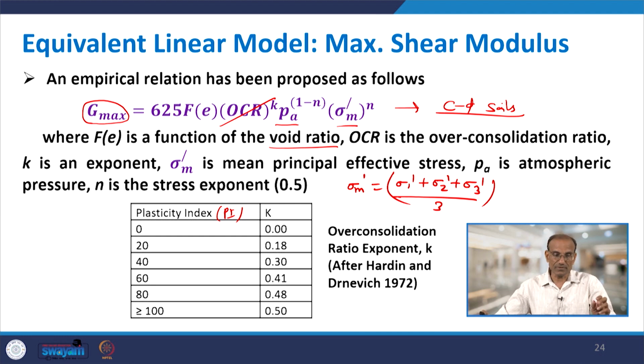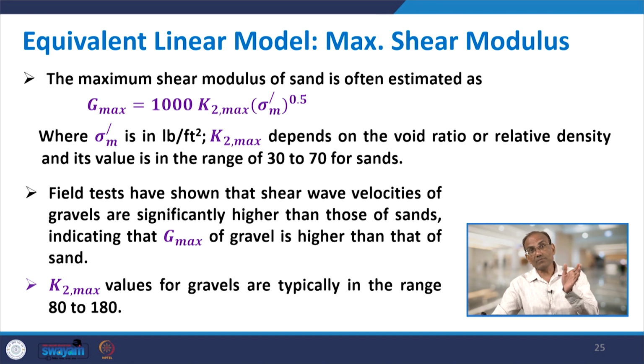So this was one of the formulas. Then some formulas were developed specifically for sand as well as clay. For example, the maximum shear modulus for sand is often estimated using this relation: Gmax equals 1000 K2max times sigma m to the power 0.5. Sigma m is the same mean effective principal stress as before, here in pounds per feet square.